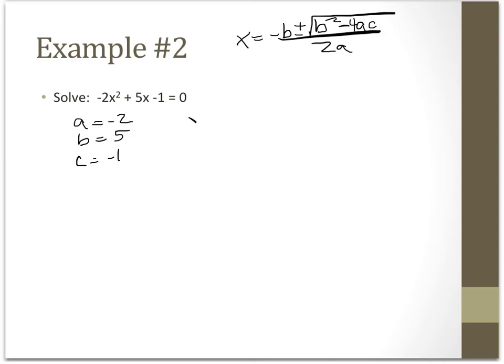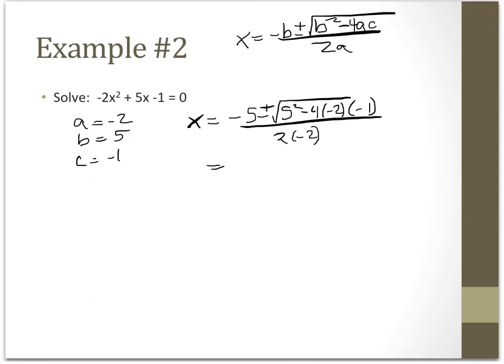So the negative of B will be negative 5 plus or minus the square root of 5 squared minus 4 times A, which is negative 2, times C, which is negative 1, all over 2 times A, which is negative 2. So that's negative 5 plus or minus the square root of 25 minus negative 4 times negative 2 is positive 8, times another negative 1 is a negative 8, so minus 8 over negative 4.